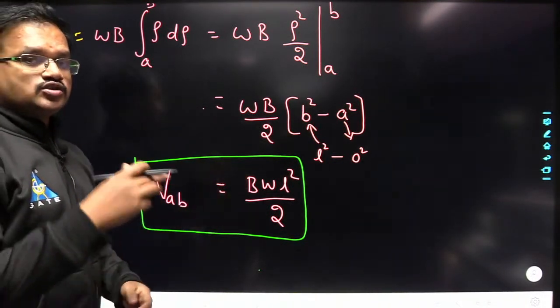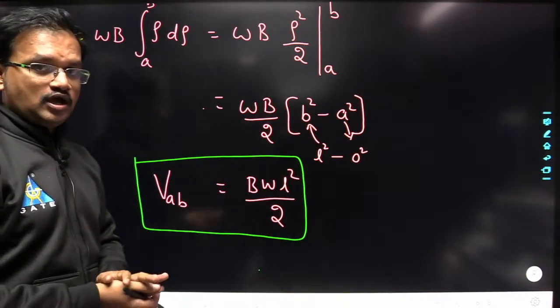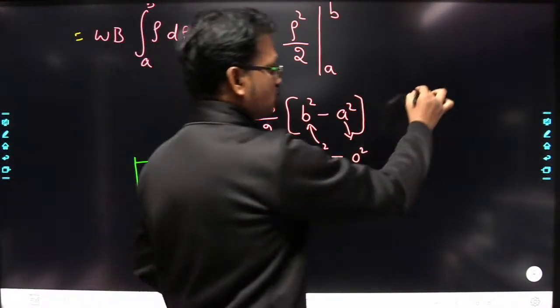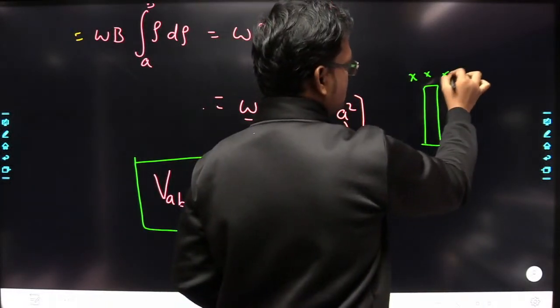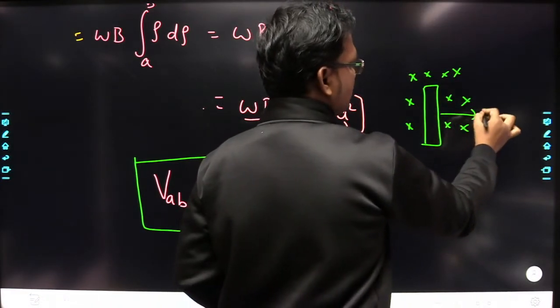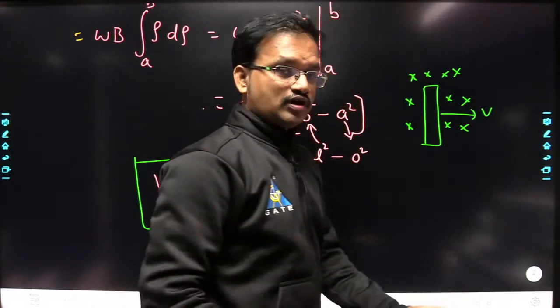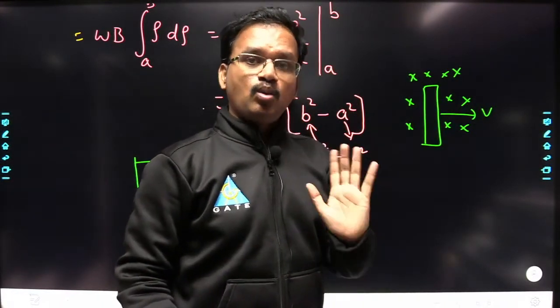Understood? So the B field and velocity are perpendicular to one another. Previously also, whenever you considered a conducting bar moving with velocity V, the velocity and B field were both perpendicular to one another.